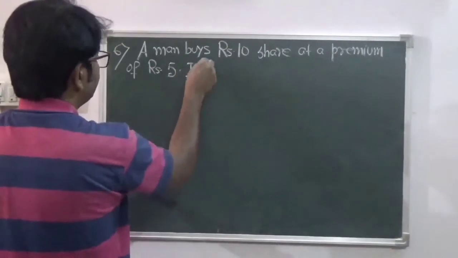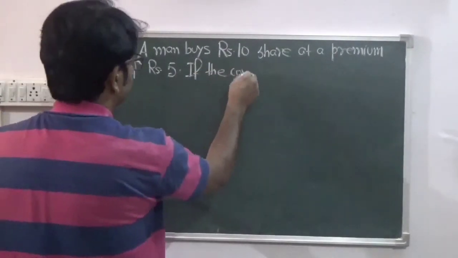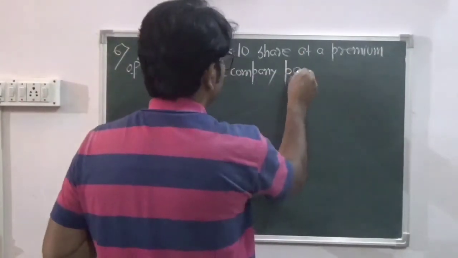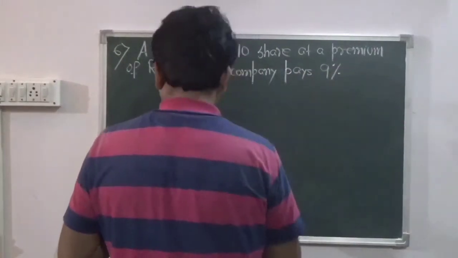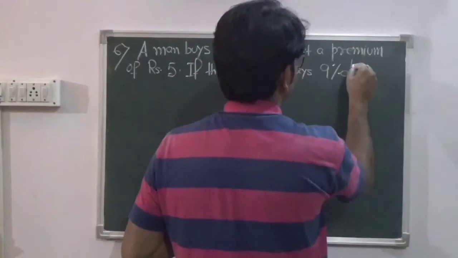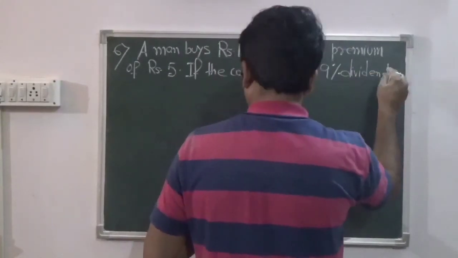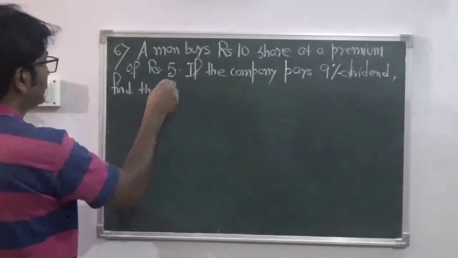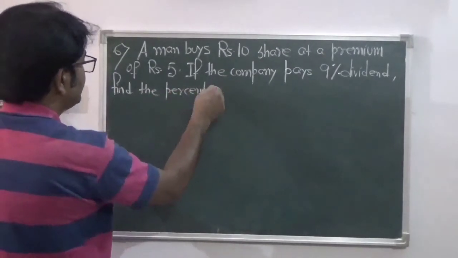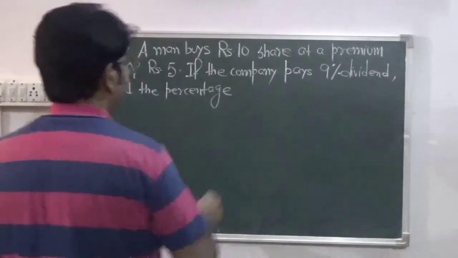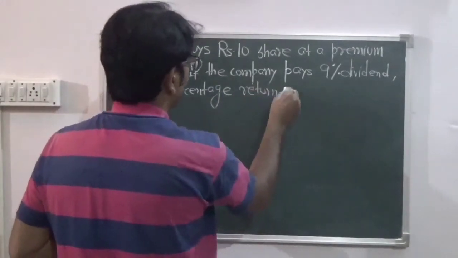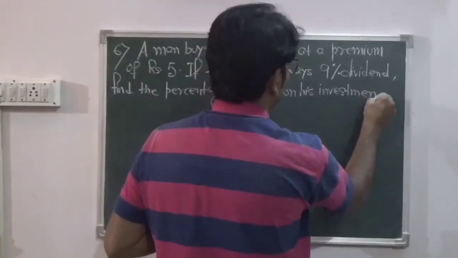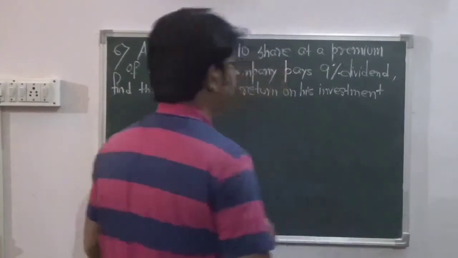If the company pays 9% dividend, find the percentage return on his investment in buying 200 shares.